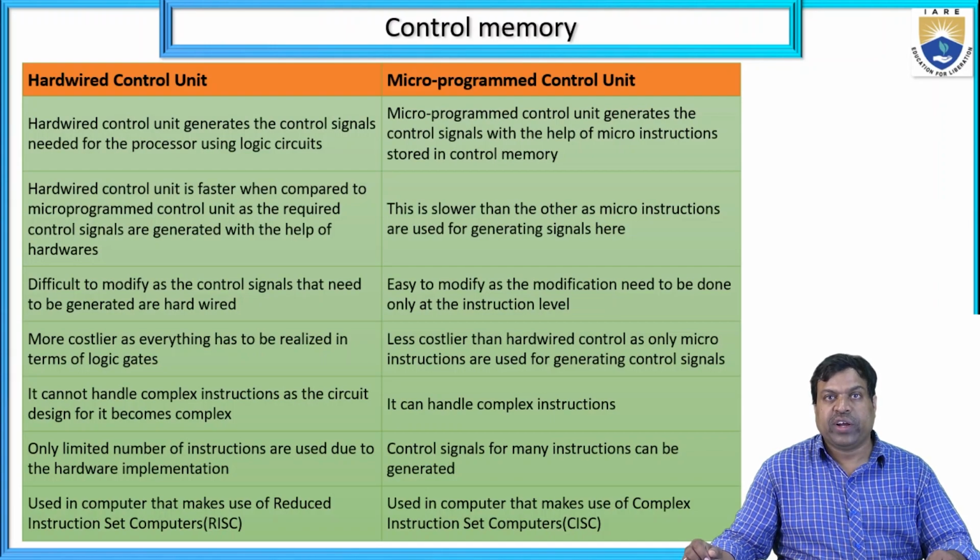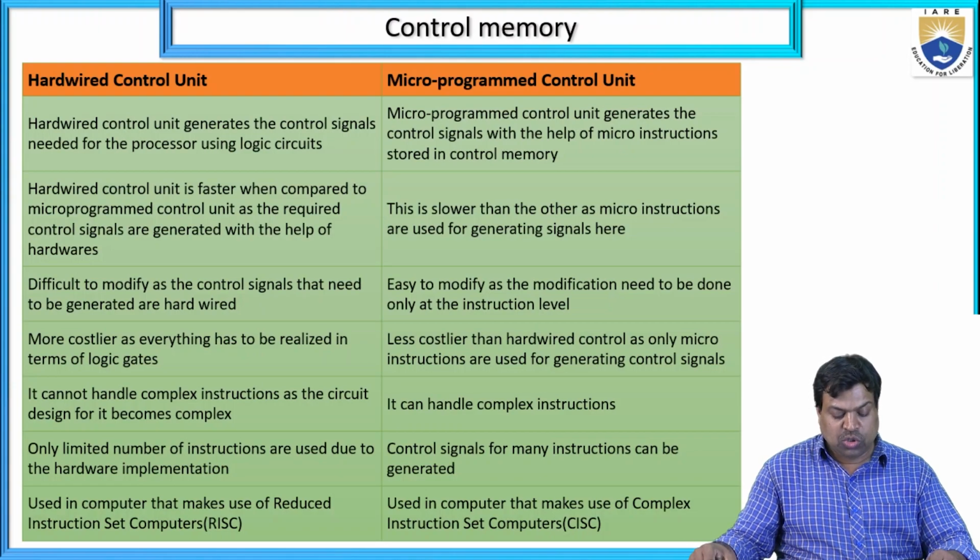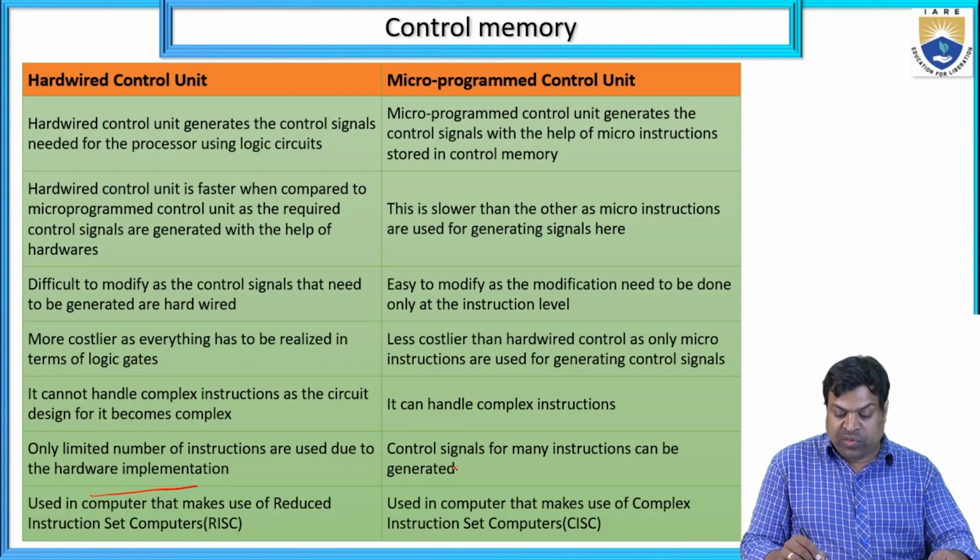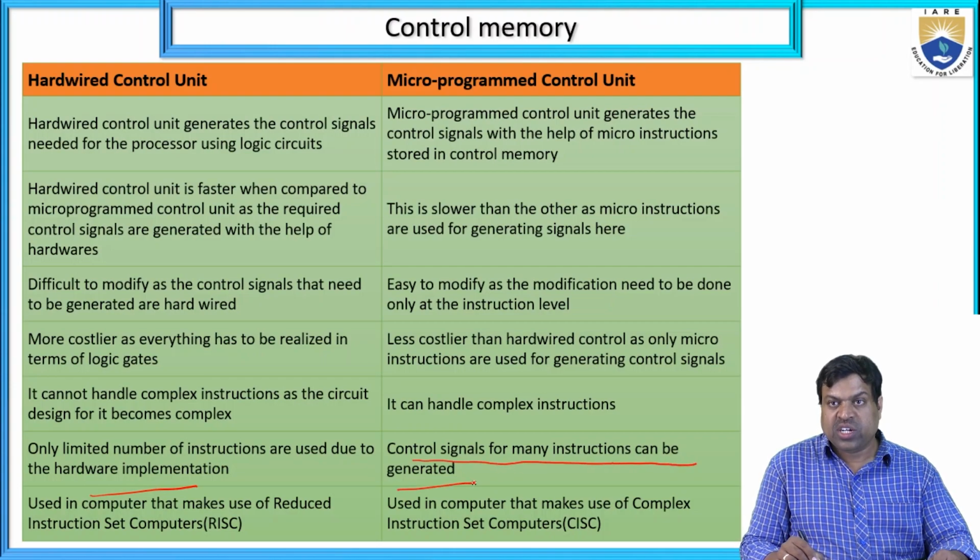When I'm going for the hardwired control unit, only a limited number of instructions are used due to the hardwired implementation. When I'm going for microprogramming, the control signals for many instructions can be generated.